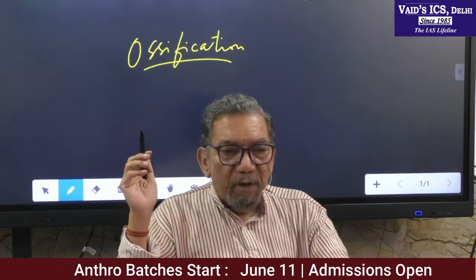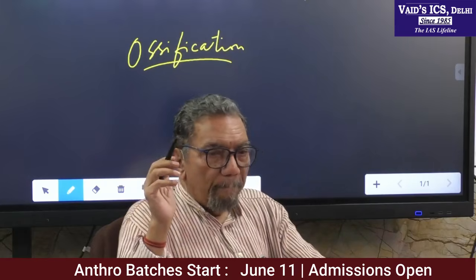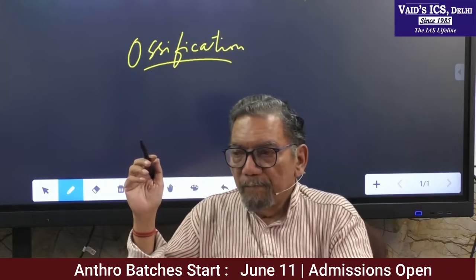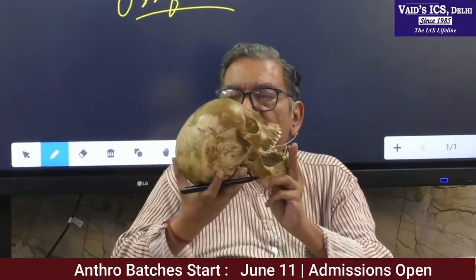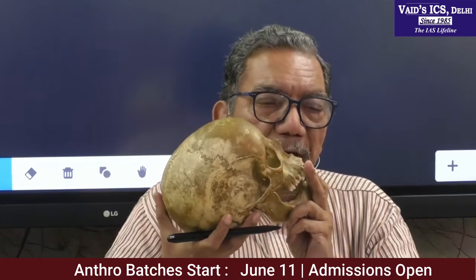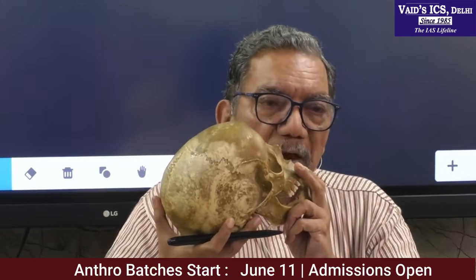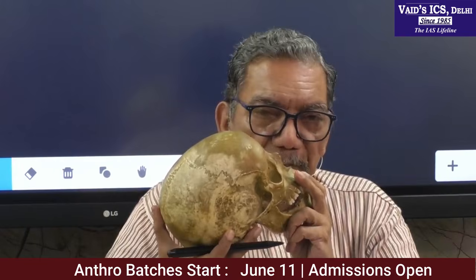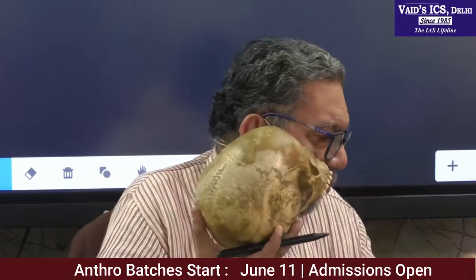Firstly, skull. In the skull, there is only one bone that is movable. We call it mandible or lower jaw. Just understand, we will draw it on the board and then you note down everything.